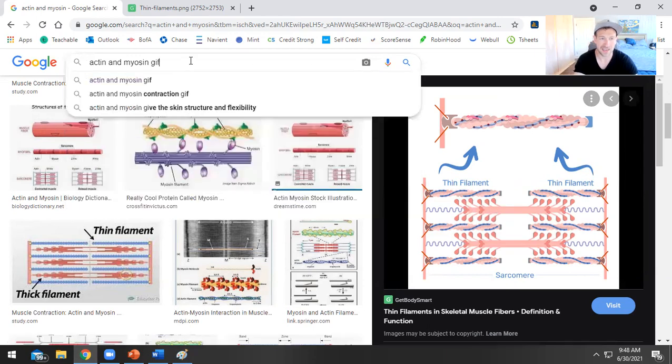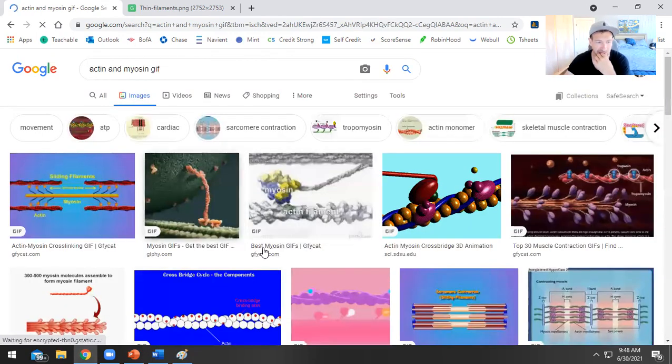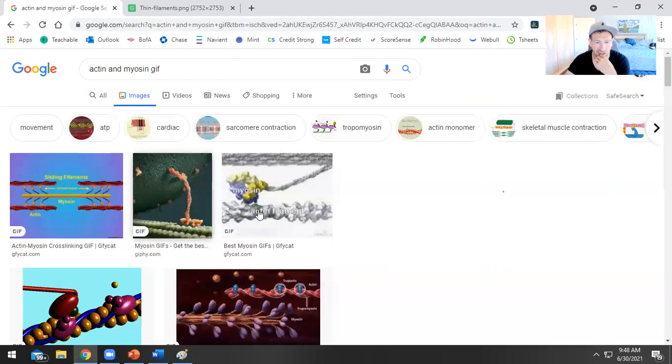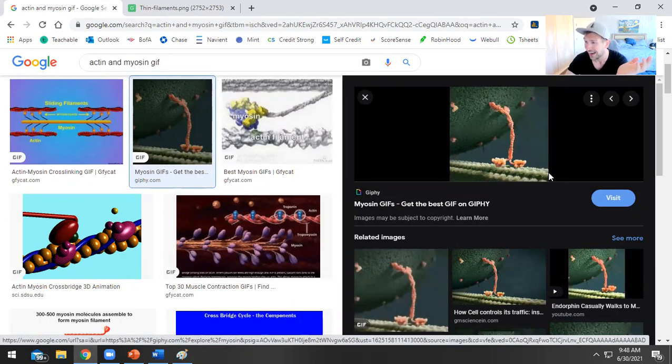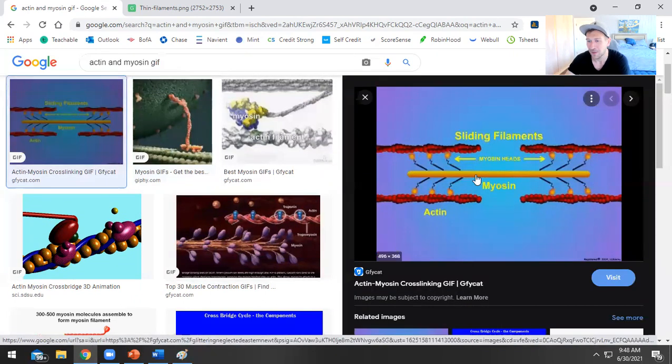Now let's take a look at that in a GIF here. Let's take a look at what that actually looks like. Actually, for the record, it kind of looks like this. It just drags it along with it. I love these types of cell pictures because they look so funny to me. They look like Muppets. But here's a better version. Here's a crawling action.